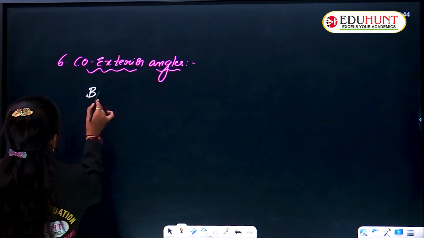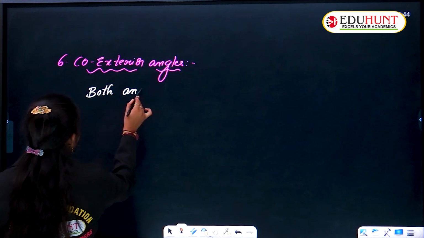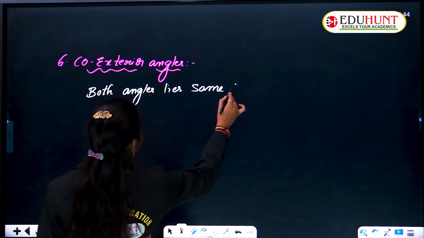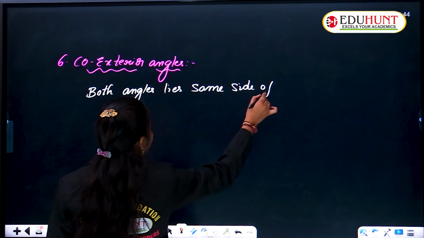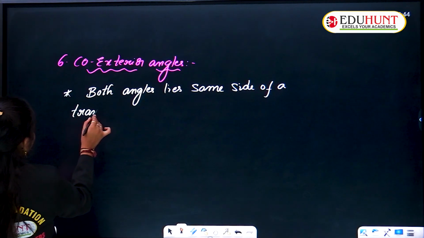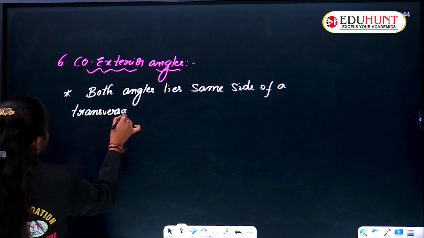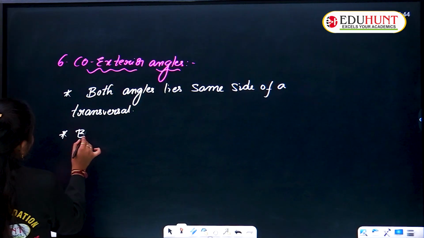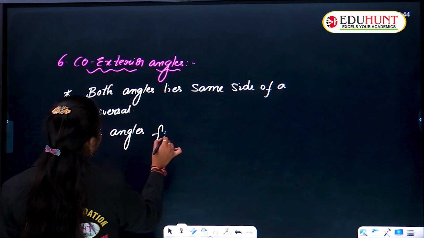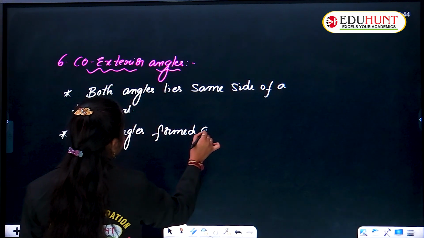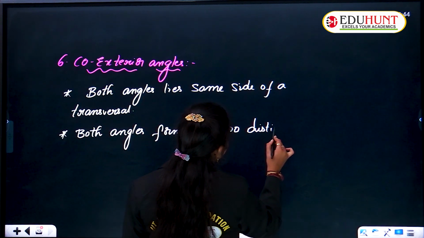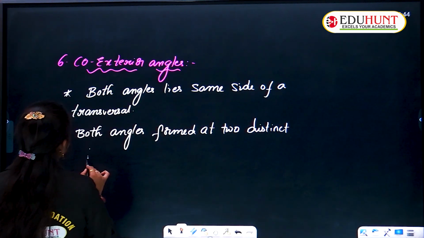Both angles lie on the same side of a transversal. And in the same way, both angles are formed at two distinct points. Distinct points means different points. Two distinct points.